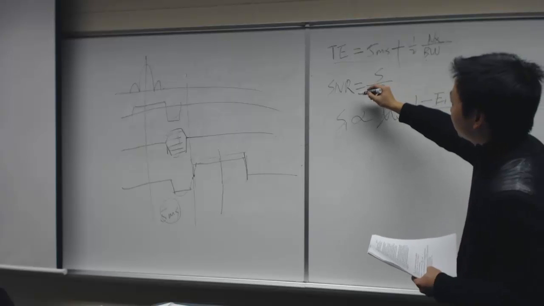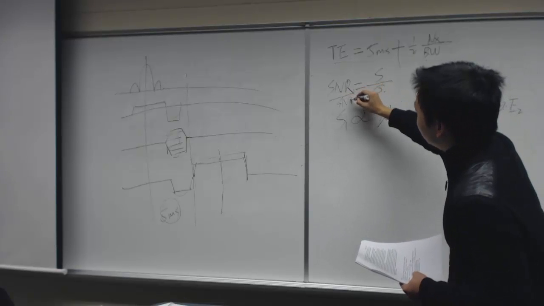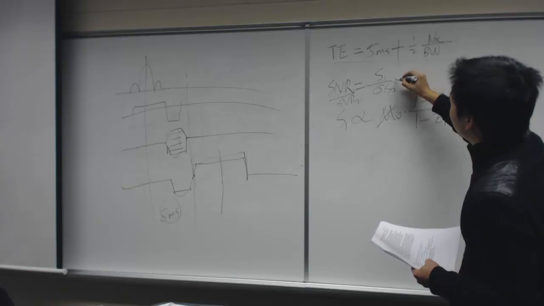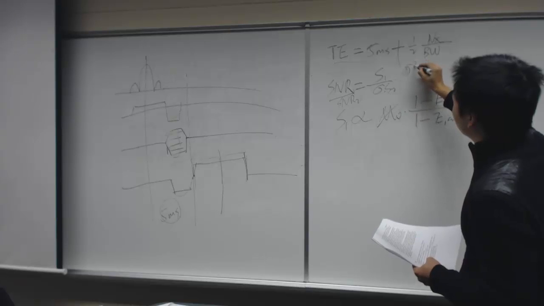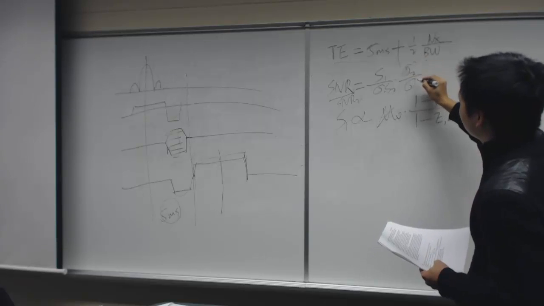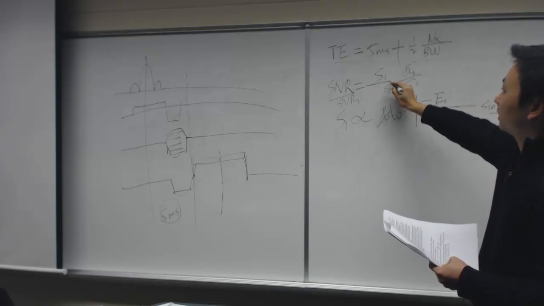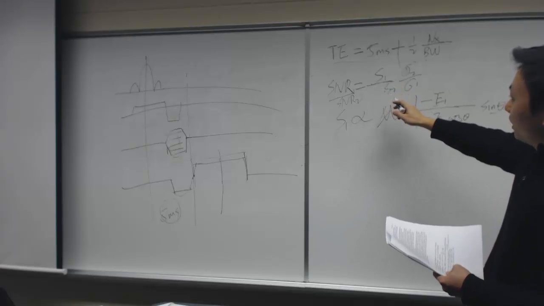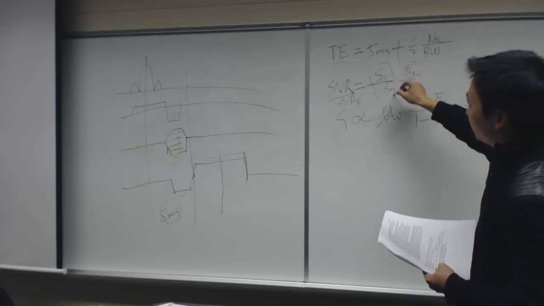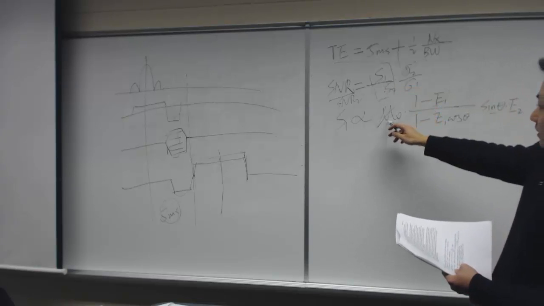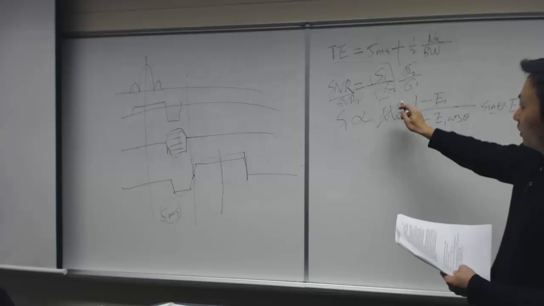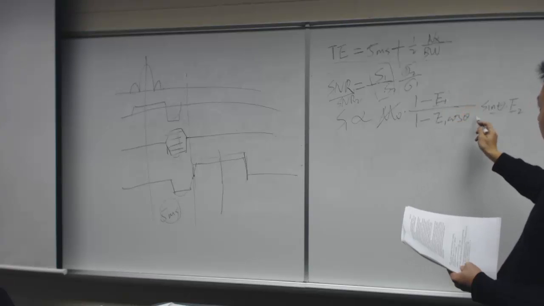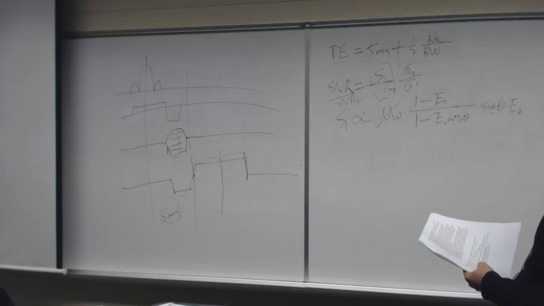So let's say it this way, the ratio between S1 and S2. We are talking about the same sample, so this one will cancel. We are talking about the same TR and same T1, and the same flip angle. So all these terms will cancel.